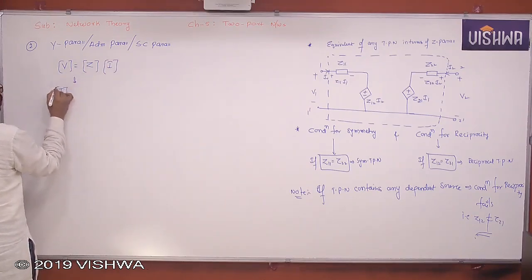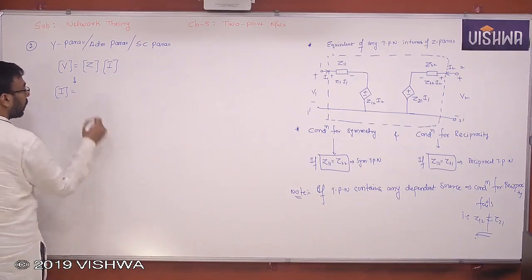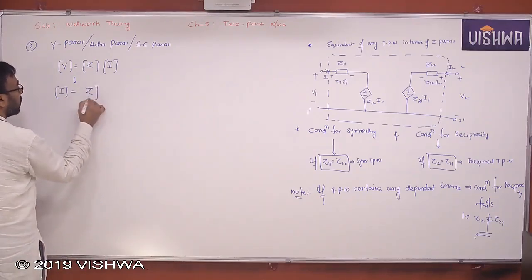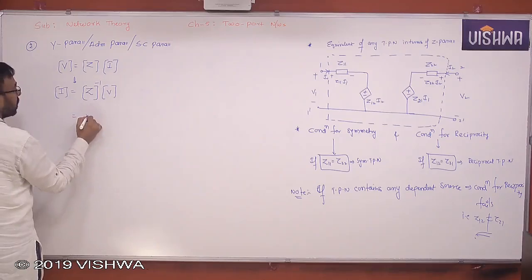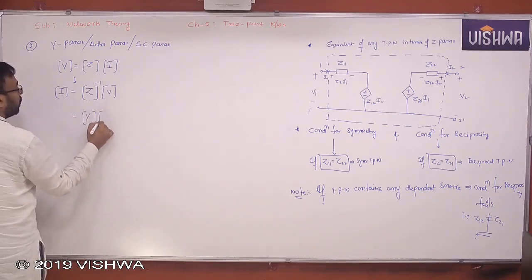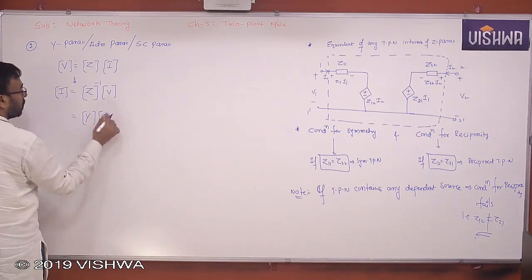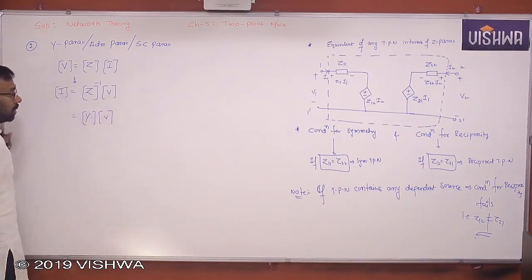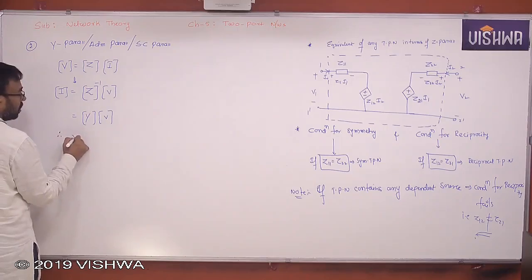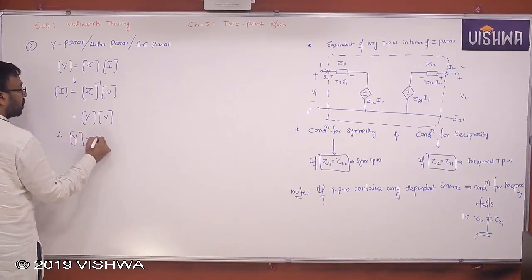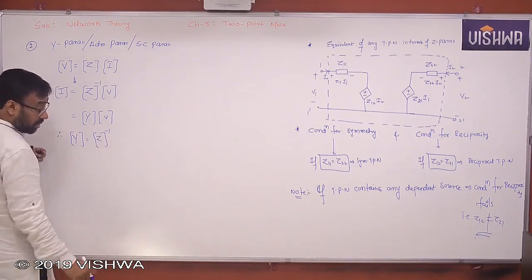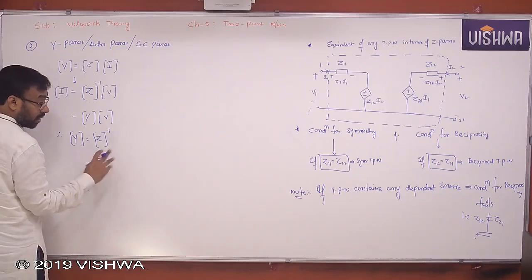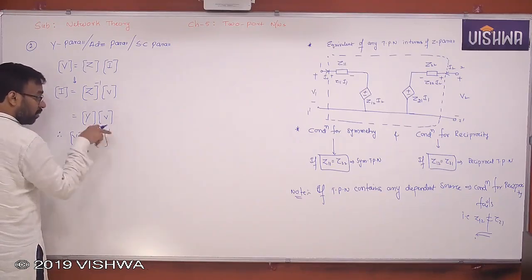Then I will become the inverse of the Z matrix, which is nothing but Y times V. Therefore, Y is equal to the inverse of Z. It is the total Z matrix inverse, not individual parameters. You can't say Y11 is equal to 1 by Z11. No, not like that. The matrix inverse you are supposed to consider.